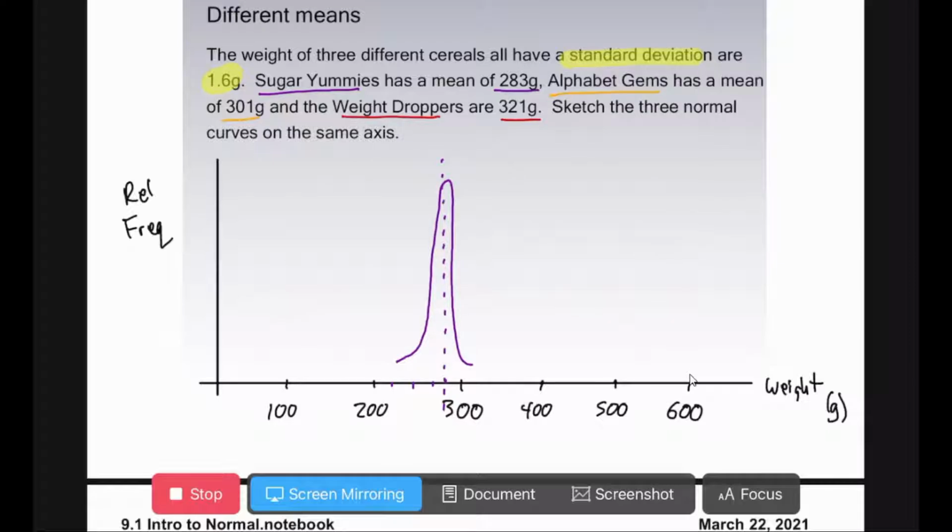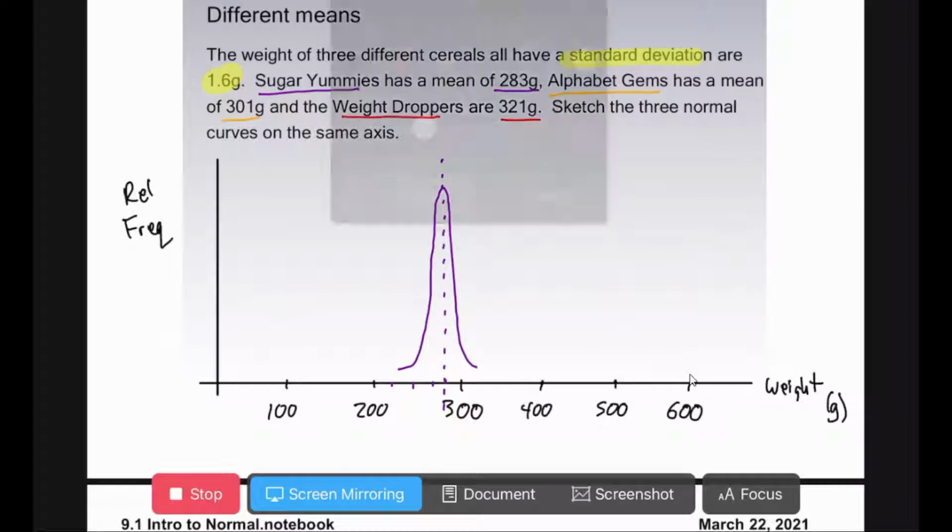All right, that's not perfect. I want to redo that again. All right, so narrow because it has a small standard deviation, and it has the bell shape still, and it is centered around our mean of 283.